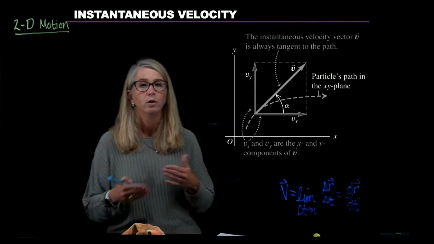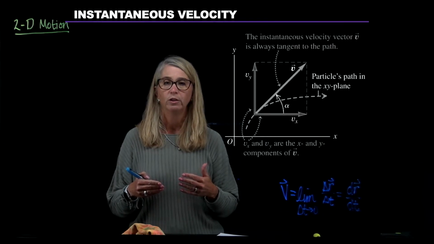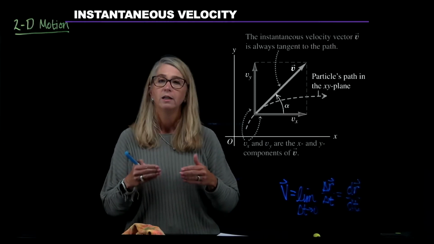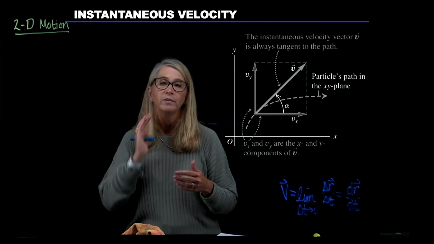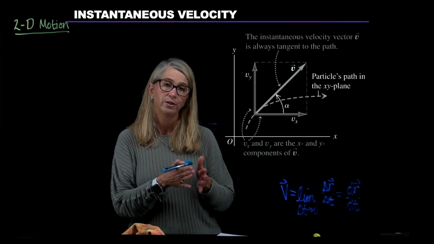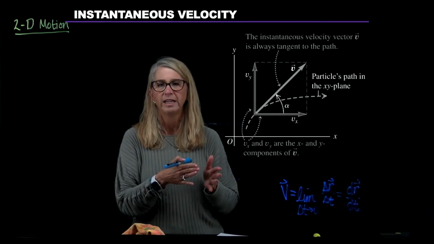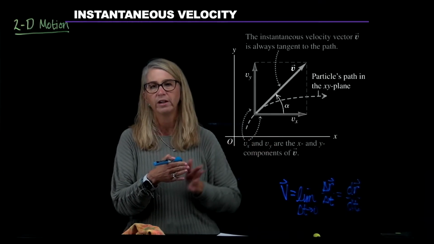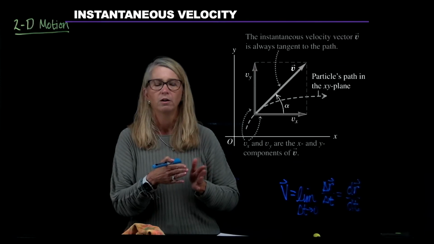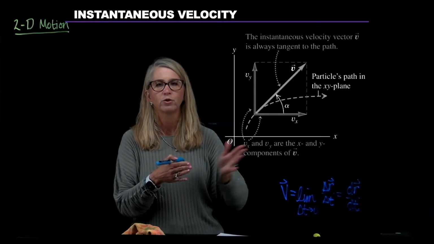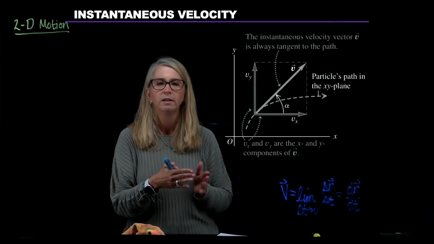And so the two things that we looked at so far is that the average velocity is parallel to the displacement vector, which is probably not going to end up being tangent to the path because the displacement vector simply connects 2 points on the path.